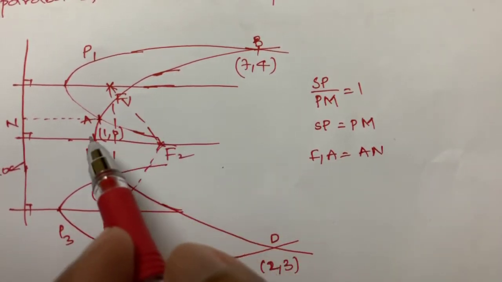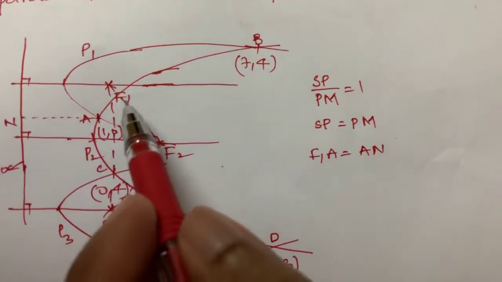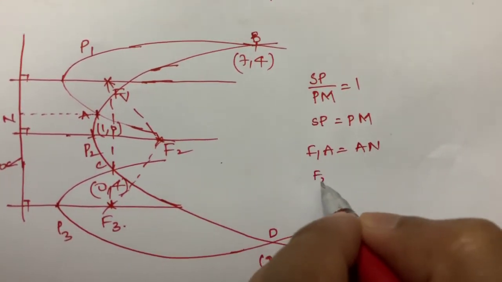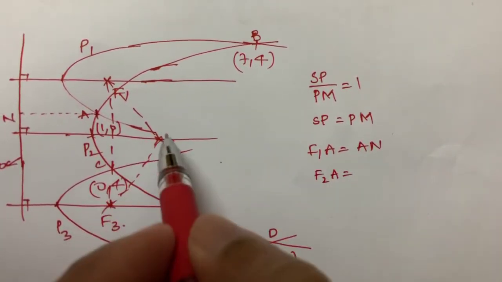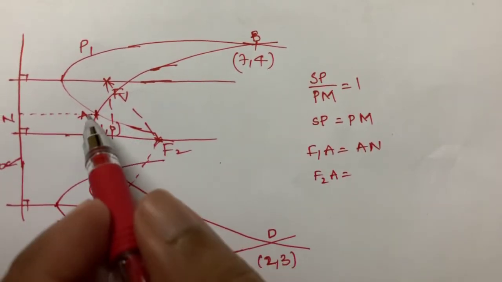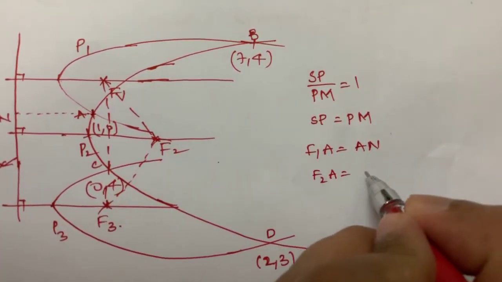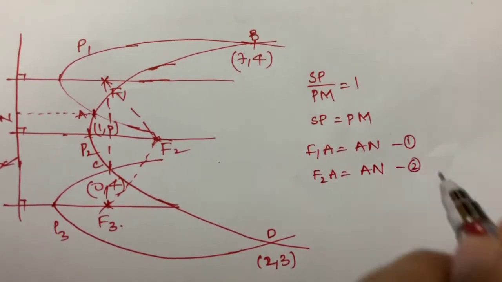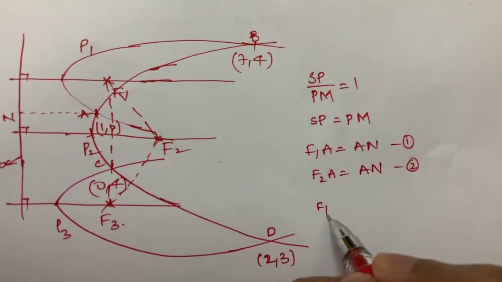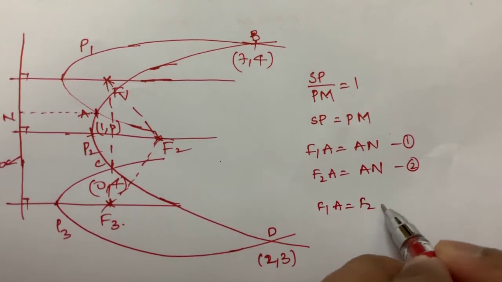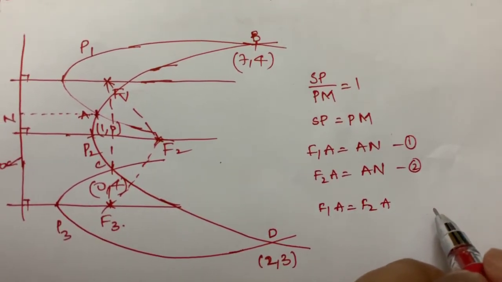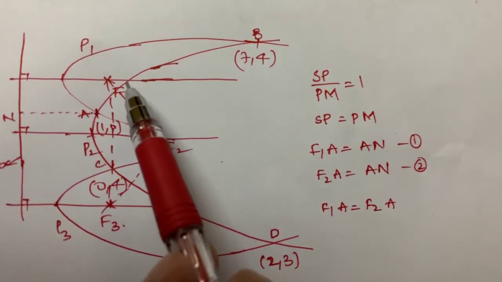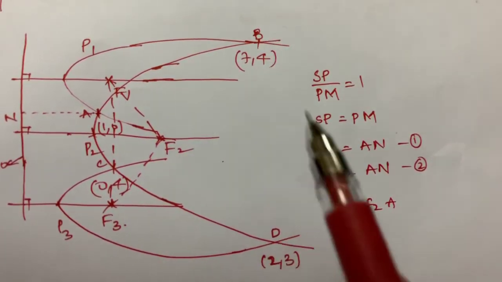Again with respect to the second parabola, F2A is equal to A N, equation 2. So from 1 and 2 we can say that F1A is equal to F2A.